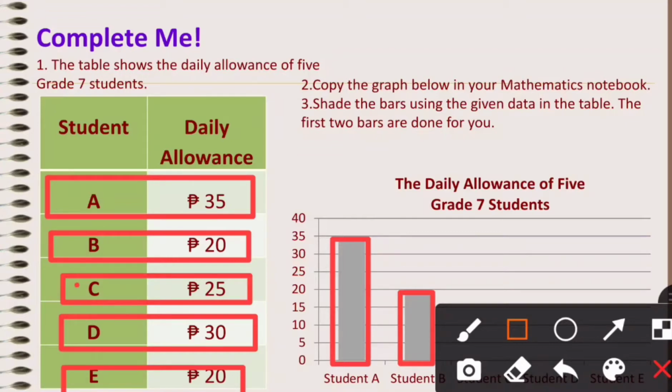Again, pause this video, then copy this in your notebook or on your paper. Then you practice doing a bar graph. Later you will see whether your answer is correct or not.